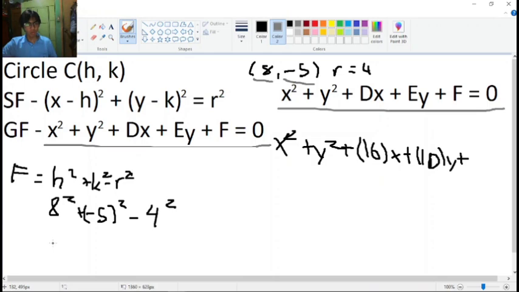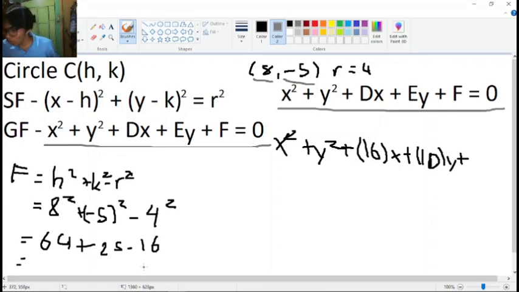What is 8 squared? It's 64, plus 25, minus 16. 64 plus 25 is 89, minus 16. Our f is 73. There you go.